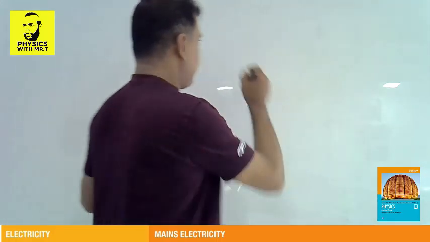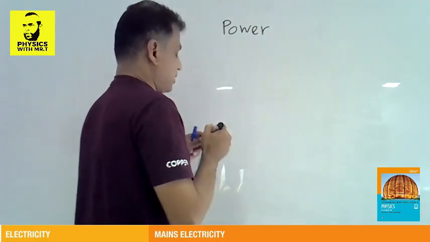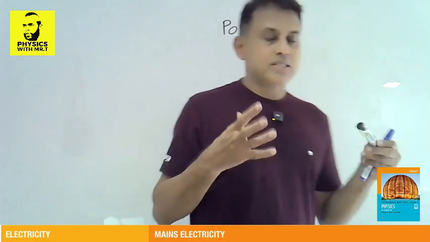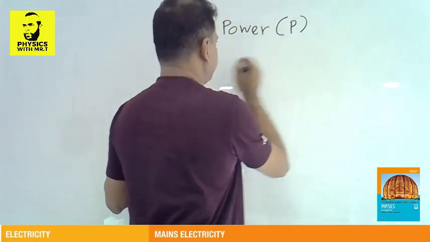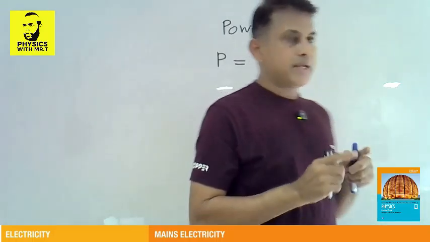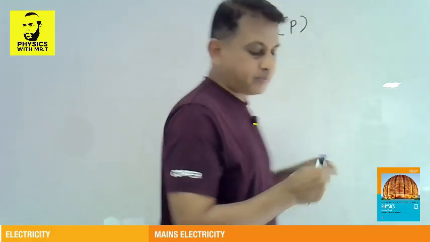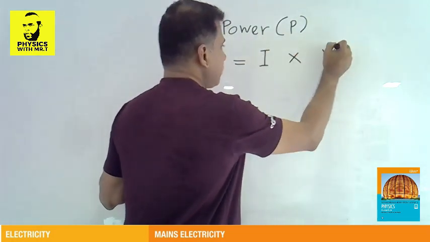So the power of this electricity is abbreviated by capital P. The power we can calculate by multiplying the current with the voltage.